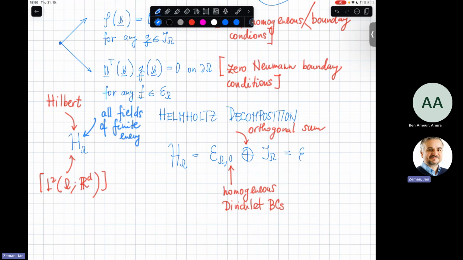I can also say that I will take an arbitrary compatible field, so the one which can be obtained as the gradient of a certain scalar function, and this is directly orthogonal to J of omega, but with zero Neumann boundary conditions, right? So this zero says that this is exactly what I want.